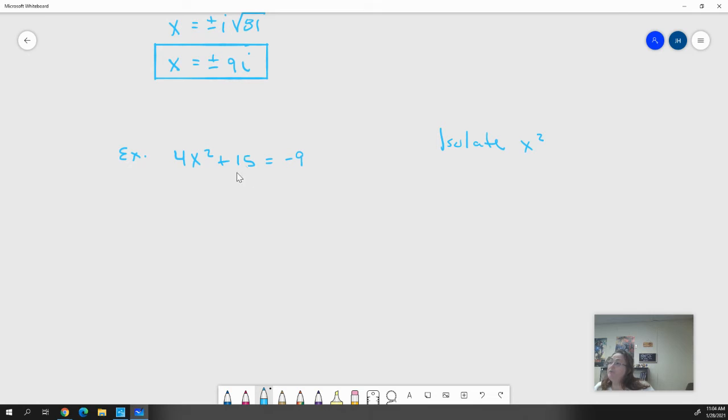What's happening first? We have this 15 added to it, so we're going to do the opposite of adding 15 and subtract 15, right? So let's start with that. Negative 15, negative 15. This is going to give me 4x squared equals negative 24.